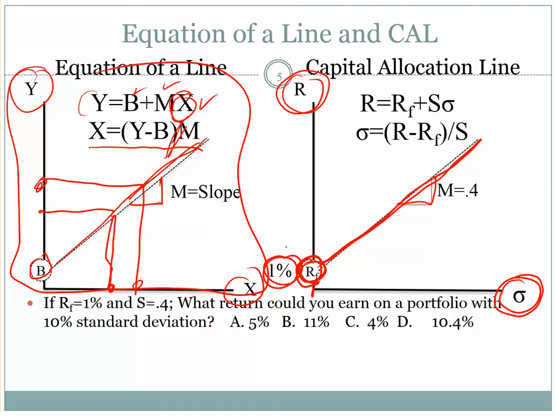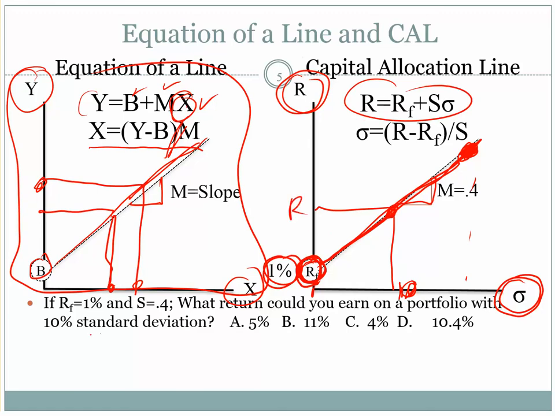So if I have a portfolio that lies on this line, say here, but I would like to get a portfolio that has, say, a 10% standard deviation, which is less than this point, I could get to that point by investing in both treasuries and that portfolio. And if I wanted a 10% standard deviation, I can use my equation of a line to compute the return of the portfolio.